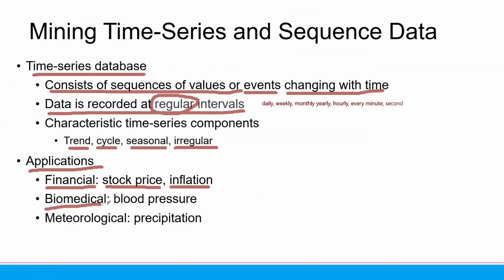In the biomedical area, for example, you have a medical checkup every 1 year or every 2 years, and the hospital will record your blood pressure. Or the meteorological area: every day we know about the temperature, the precipitation, the wind speed and other things. Those kinds of things are in the time series database.